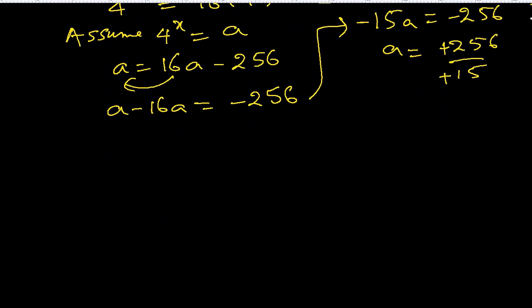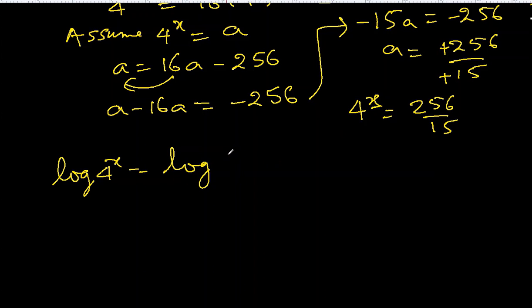Now, because a was our creation, it was not part of the question, we'll go back to what we assumed. 4 to the power x is 256 over 15. Now, to find the value of x, we must use logarithm, and we'll apply log to both sides. Log of 4 to the power x equal to log of 256 over 15.